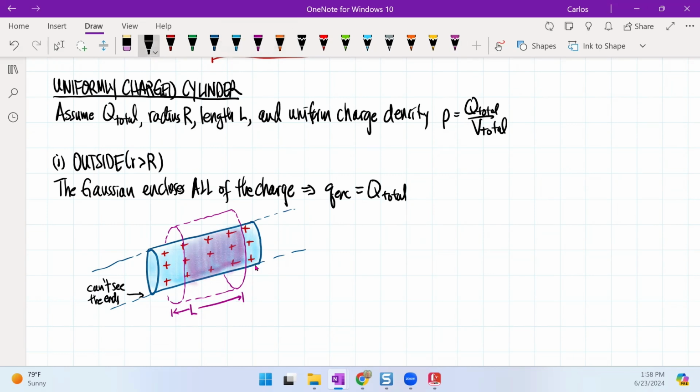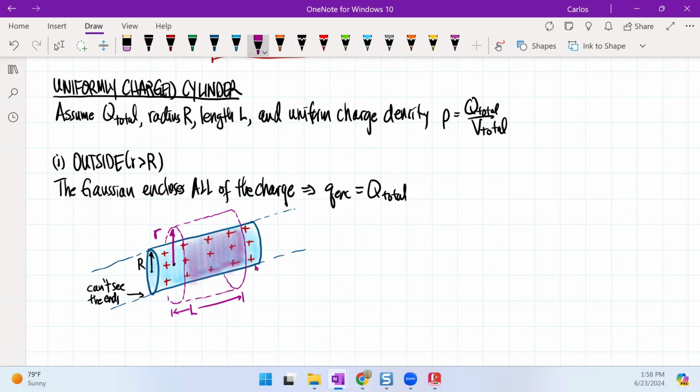This cylinder here has a radius of big R, and this one has a radius of little r. What we said in the previous section is that we don't care about the end pieces because the electric field and the surface area are zero.